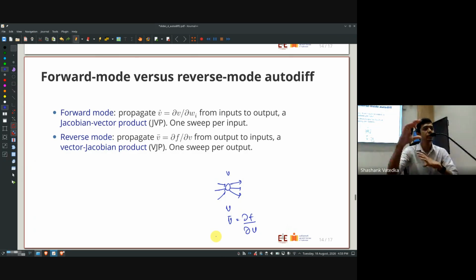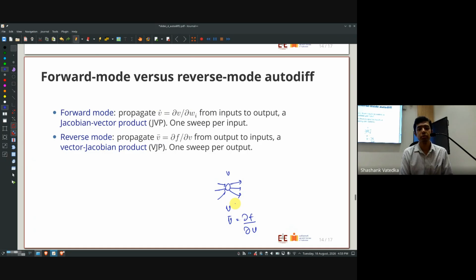It is called reverse mode because v bar is the partial derivative of the final output with respect to each of these variables.